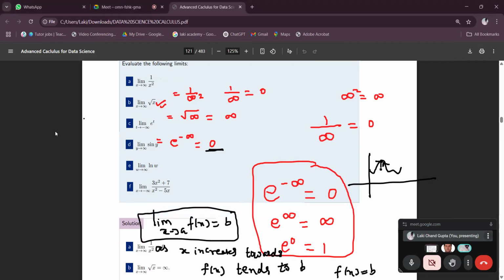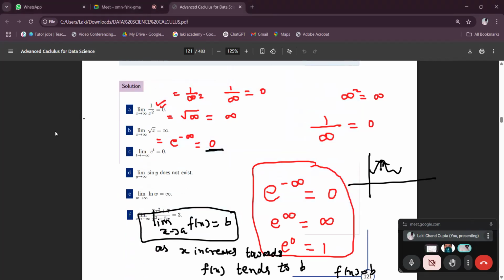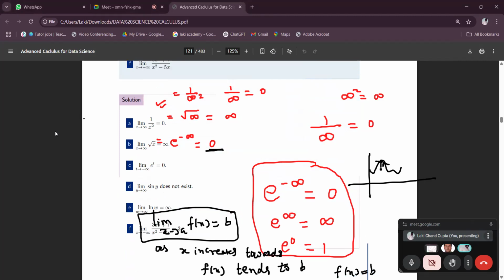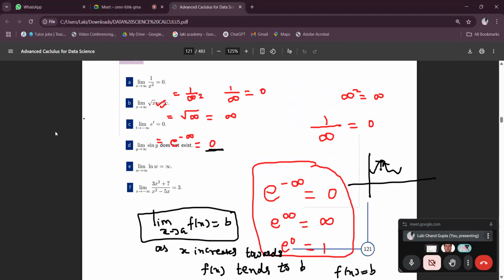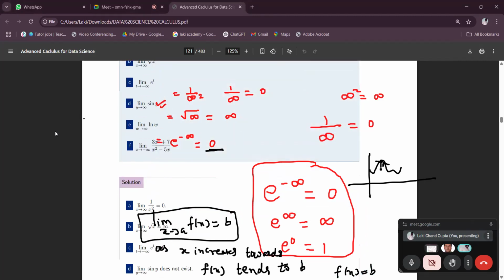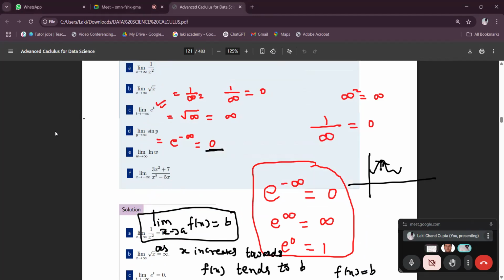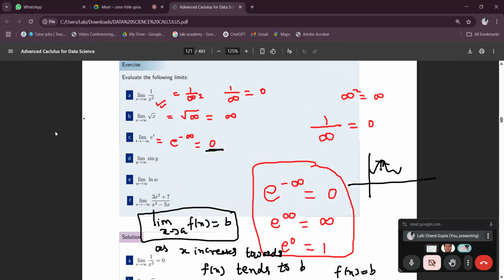What is the limit of sin x as x tends to infinity? Does not exist. Always remember the limit of sin x does not exist. I will tell you why it does not exist.